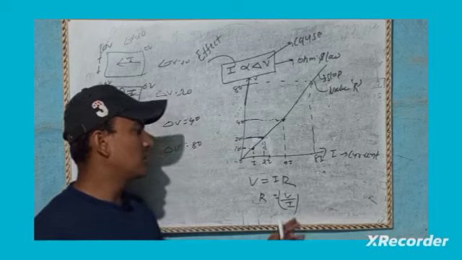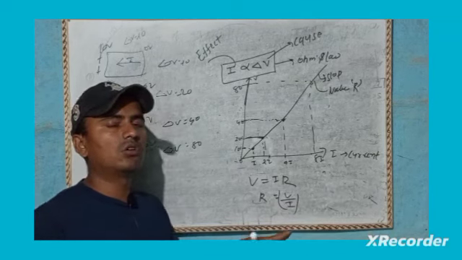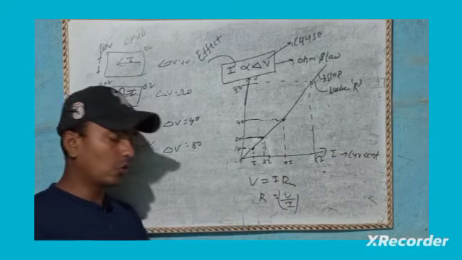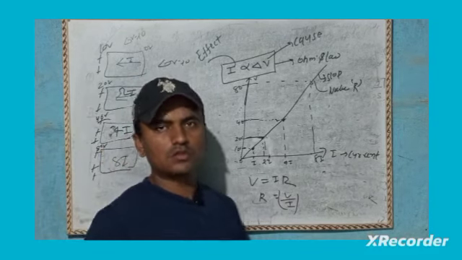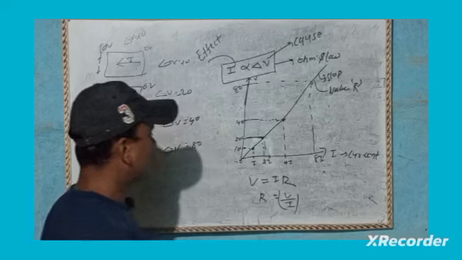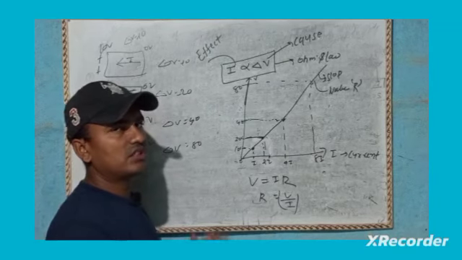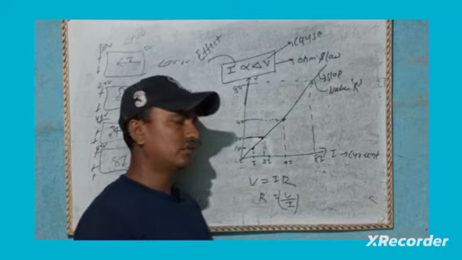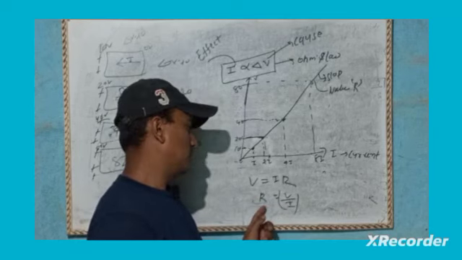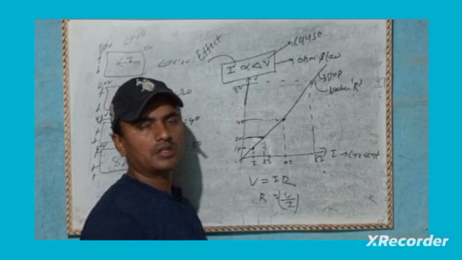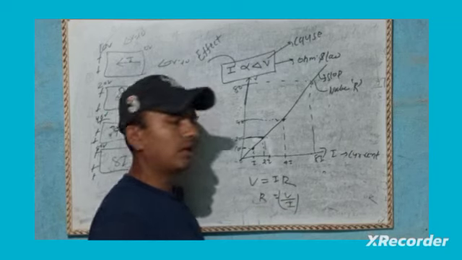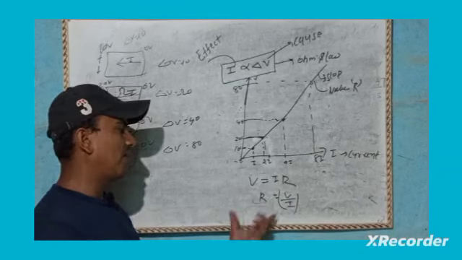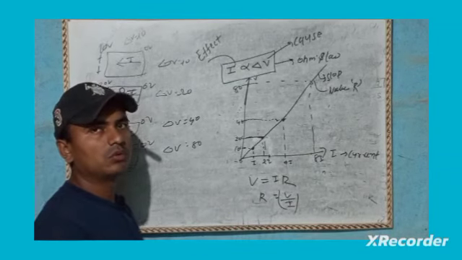Resistance is nothing but resisting the flow of current in a circuit, in a closed circuit. Yes or no? Resistance is nothing but resisting the flow of current, called resistance. Resistance does not depend upon the voltage and current. It is a metallic property. Different materials have different resistance values.